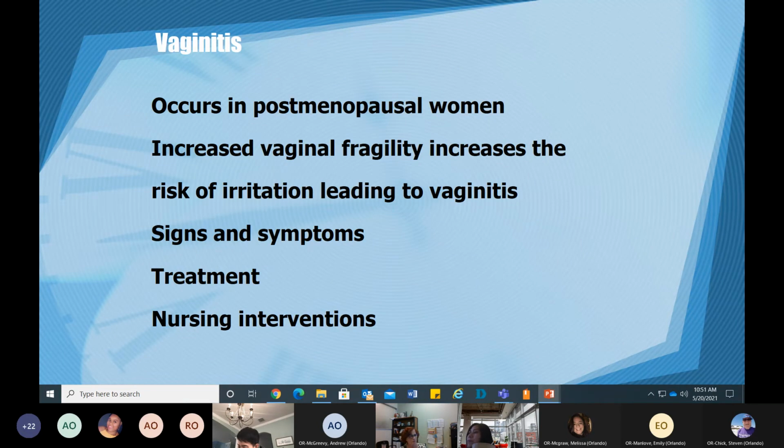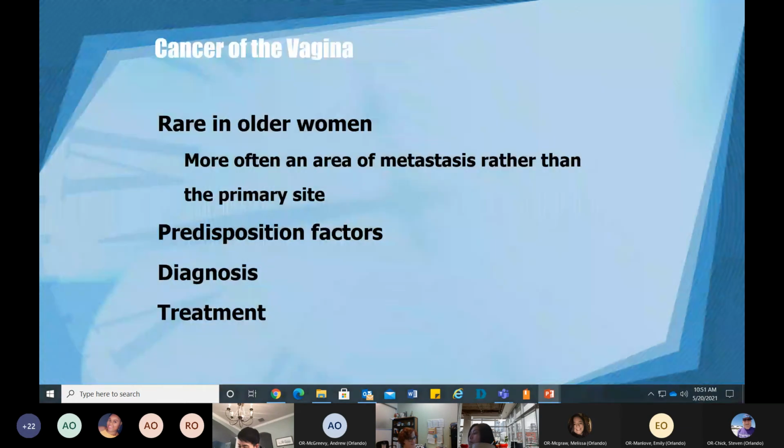Another problem for women is cancer of the vagina. It is rare. It usually comes from metastasis from some other part of the body. And of course, chronic irritation in the vagina can actually increase the potential for vaginal cancer.